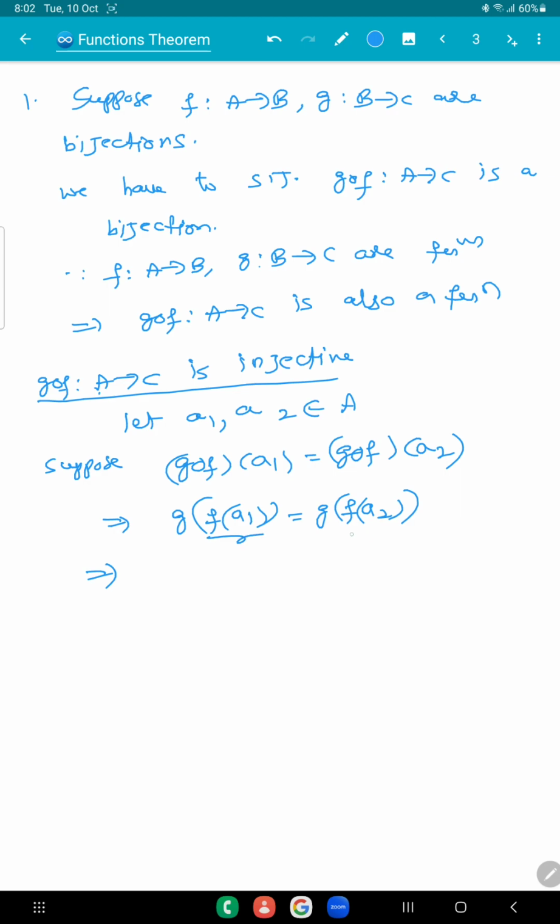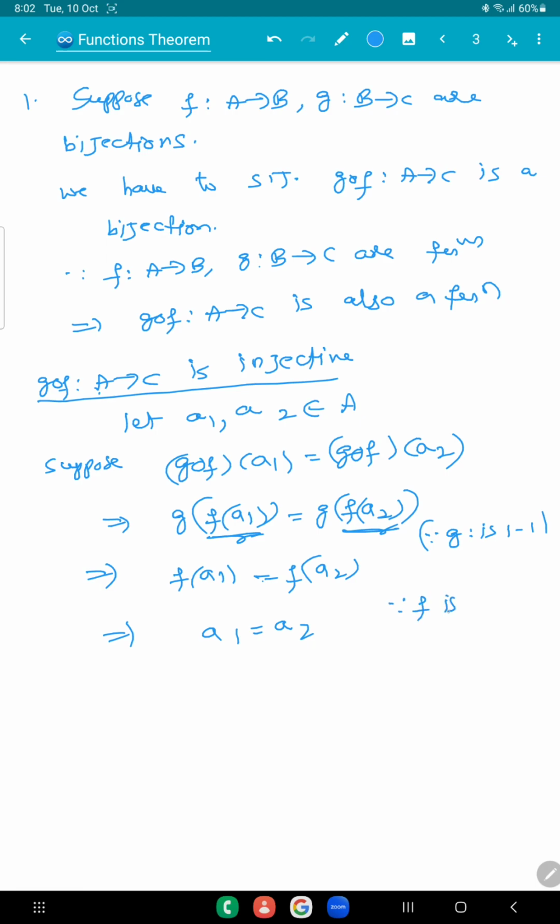Once observe that g of b1 is equal to g of b2 type. So since g is 1 1, if g of b1 is equal to g of b2 implies that b1 is equal to b2. This is b1, this is b2. So f of a1 is equal to f of a2. Now f is 1 1, right? When f is 1 1, if the images are equal, then elements are equal.